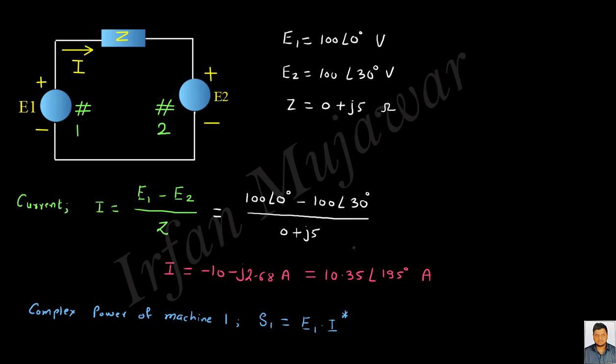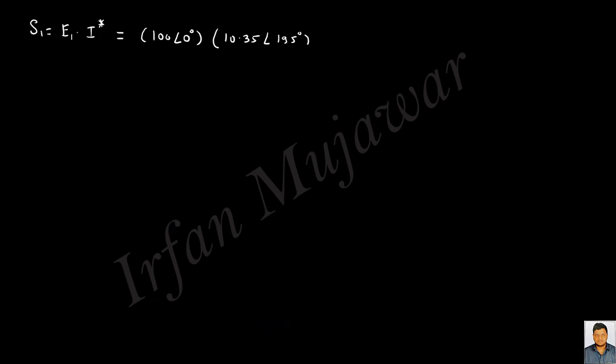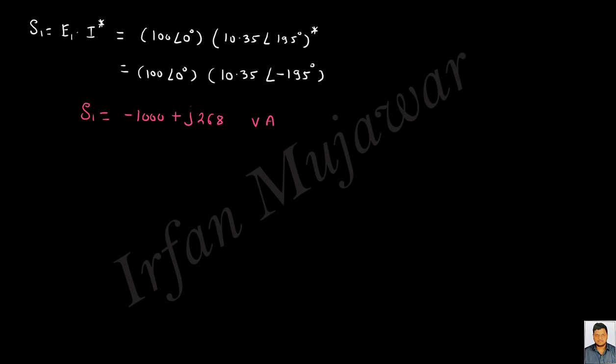I is 10.35 at an angle of 195, and we need to take the conjugate of that. So this will be 100 at an angle of 0 degrees into 10.35 at an angle of minus 195 degrees. If I put this in the calculator, I will get S1 as minus 1000 plus J268, and the unit will be VA. So this is the complex power of machine 1.